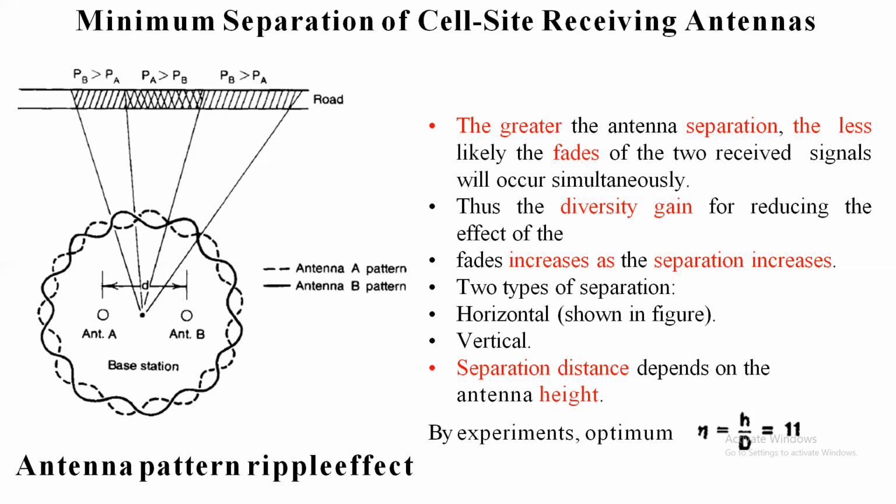We have to check the cell site antennas regularly by measuring the power and also the VSWR, and by using air pressurized cables to minimize the attenuation effects at the cell site.